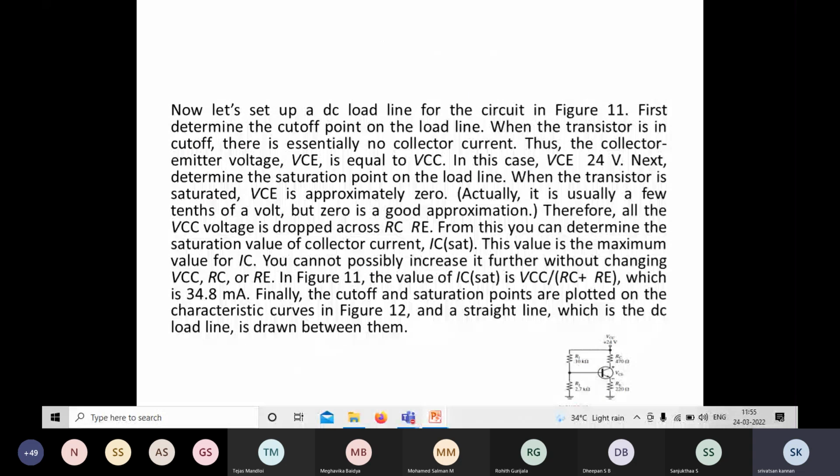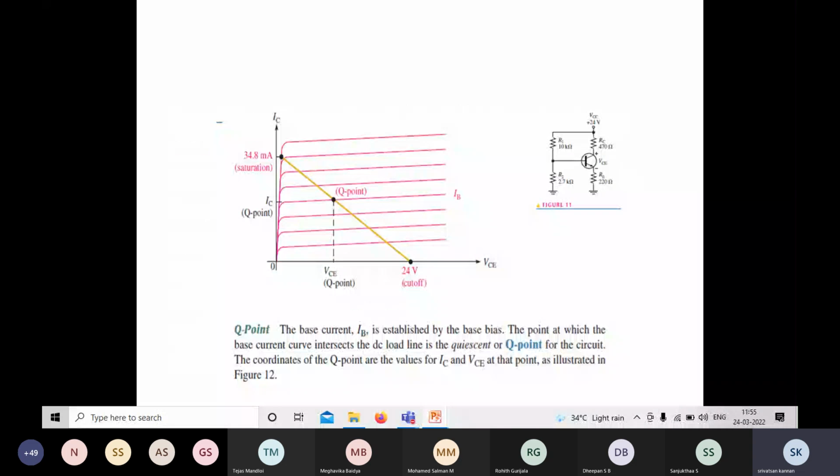I think most of you are clear with the basic idea of transistor, and normally we use this type of biasing arrangement. So this is known as voltage divider bias. What is the specialty in this voltage divider bias?